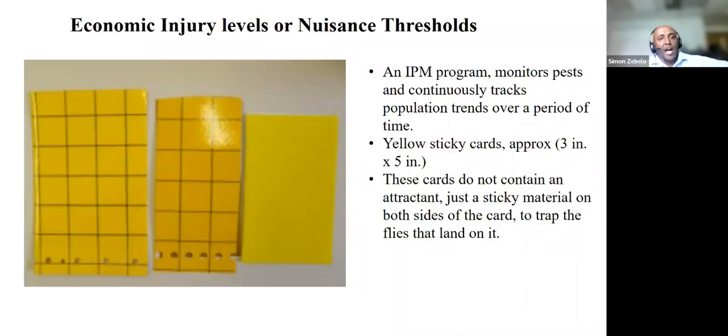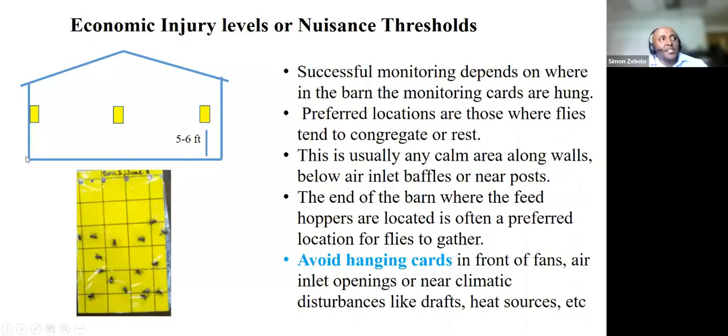Very simple. It has to be placed at least every 32 feet. In a high-rise house, we may need 3 traps. So these 3 traps are placed, as you can see here, around different locations.